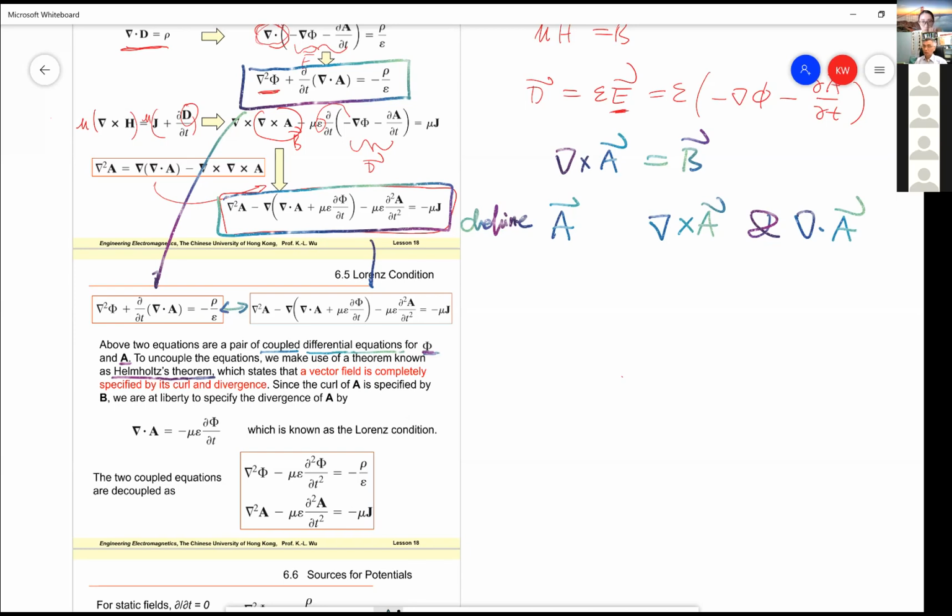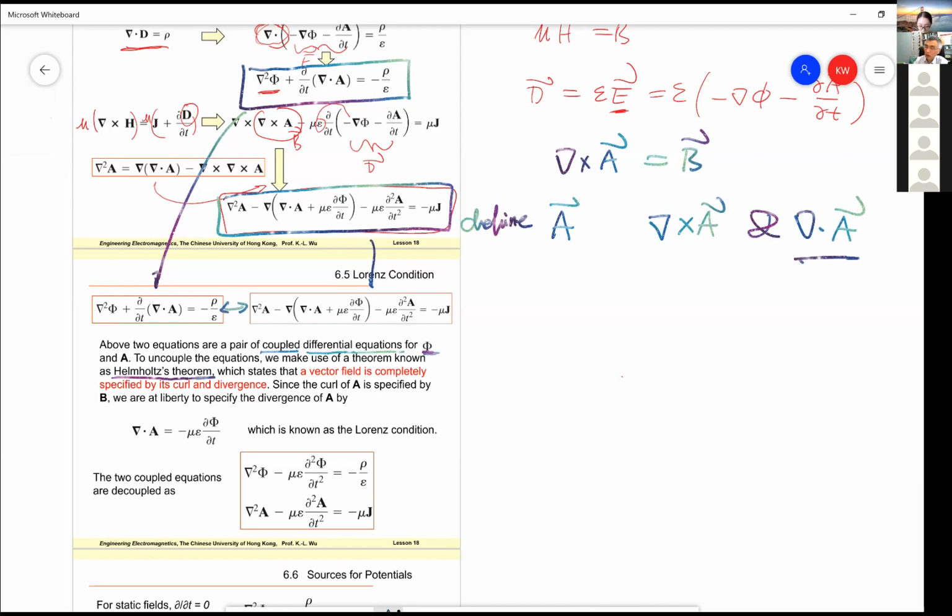So if we find an appropriate definition for its divergence, we can decouple these two equations. How to decouple them: find something related to its curl.